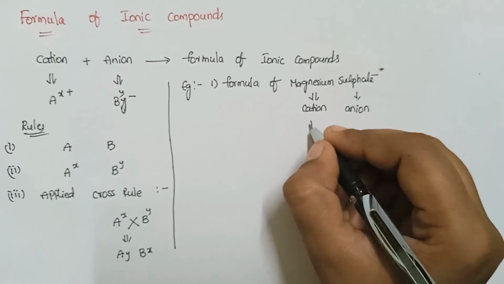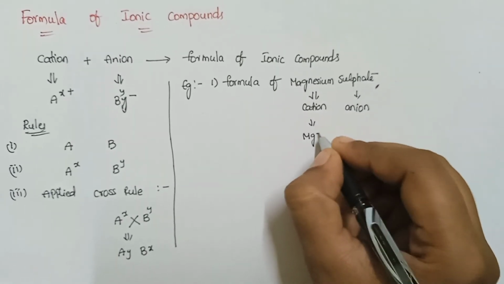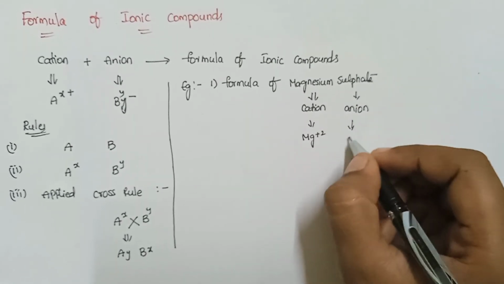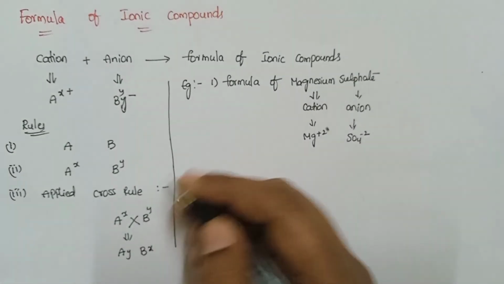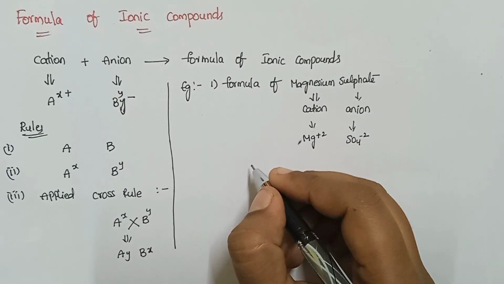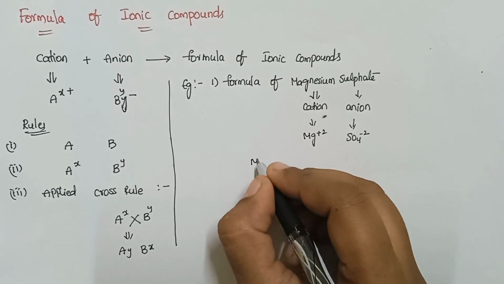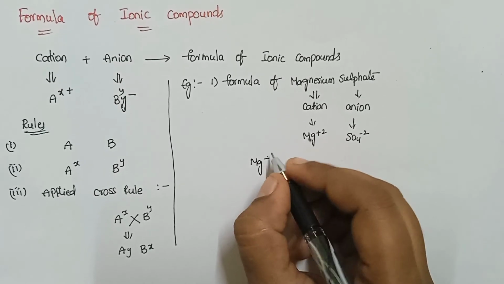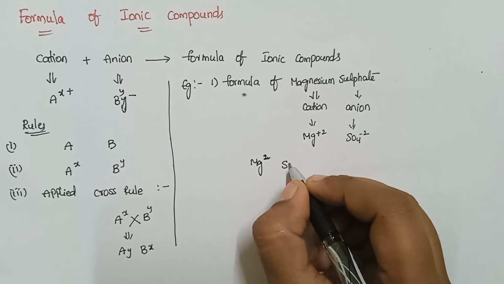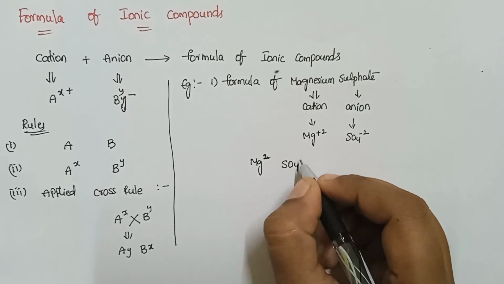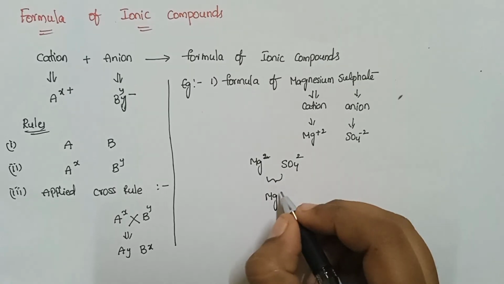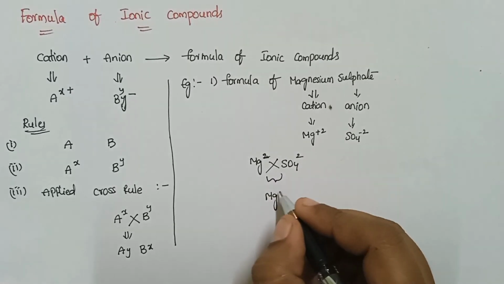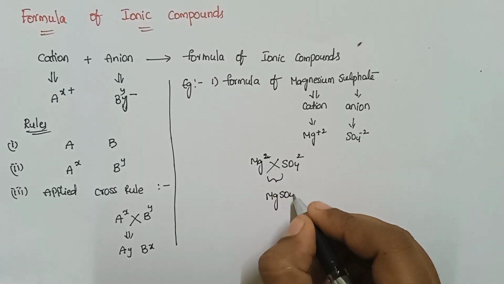So magnesium Mg 2 plus, sulfate SO4 2 minus. So follow this rule. Mg 2, SO4 2, so crossing, Mg, 2 cancels, same SO4.